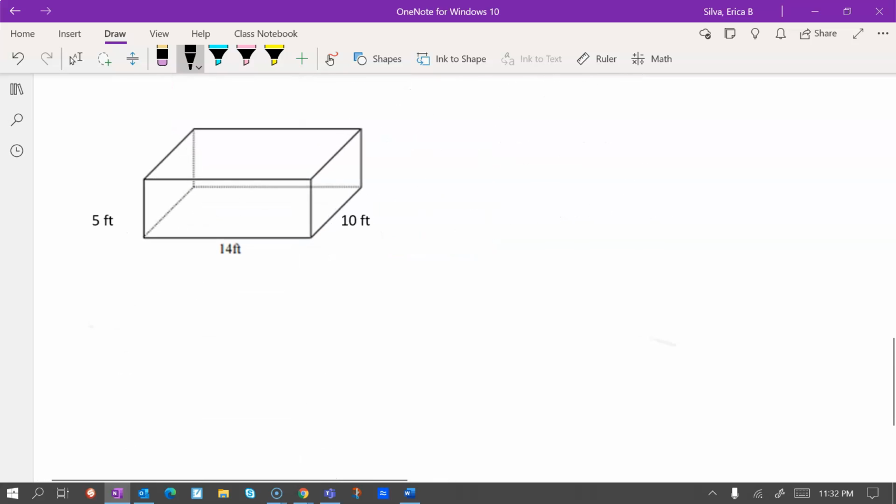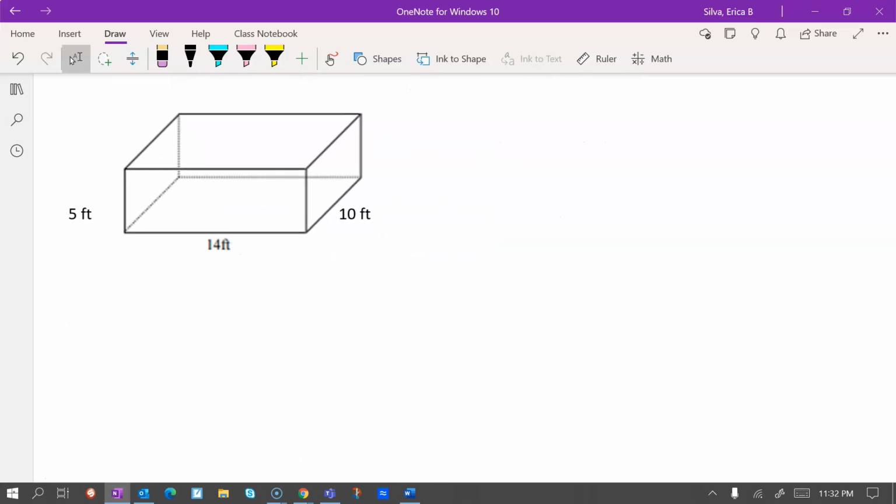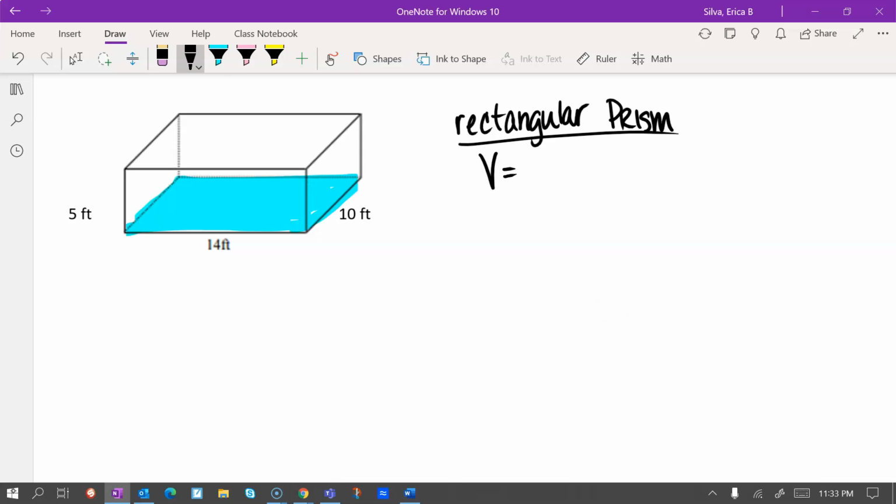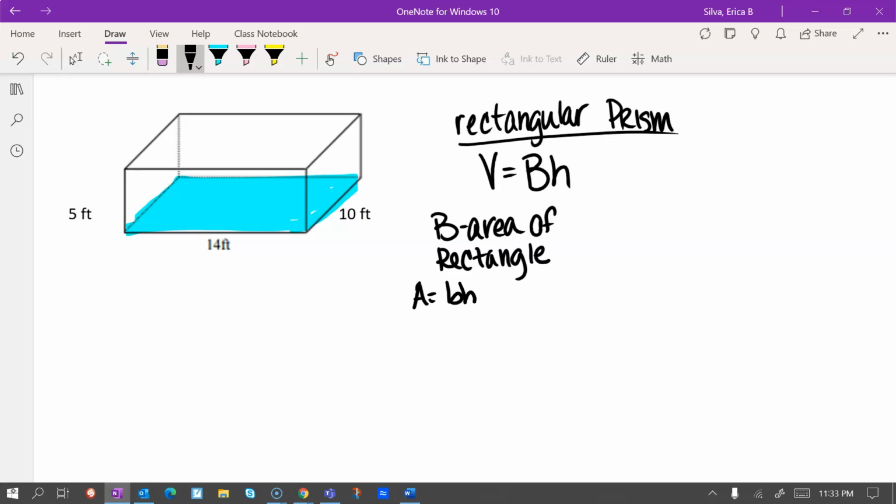For our last example, go ahead and name this figure. If you said rectangular prism, you are correct, so we have capital B times H, and our capital B will be the area of the rectangle. And area for a rectangle is just base times height.